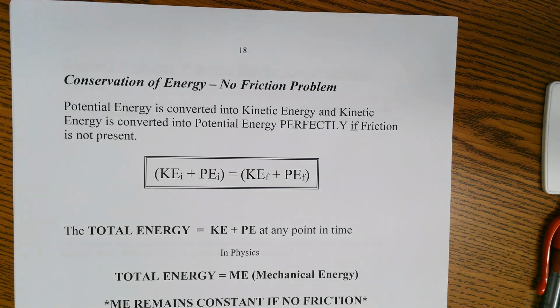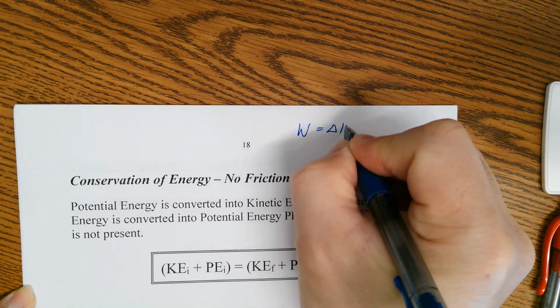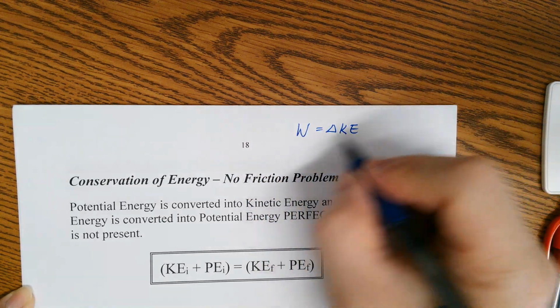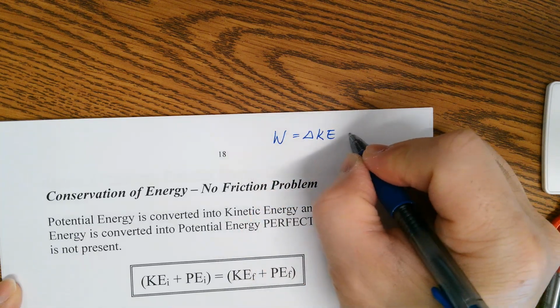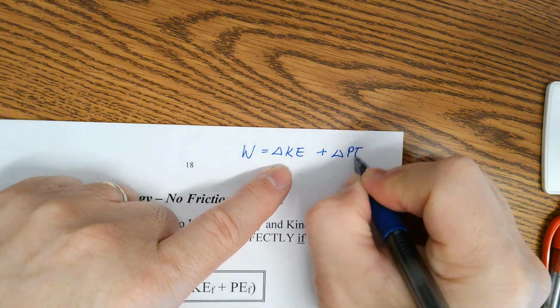So if there's no friction involved, if there's no work done by friction, then the total mechanical energy initial must be equal to the total mechanical energy final. Remember when we talked about how work is equal to change in kinetic energy? Well, now this work can also equal not just the change in kinetic energy, but also the change in gravitational potential energy.